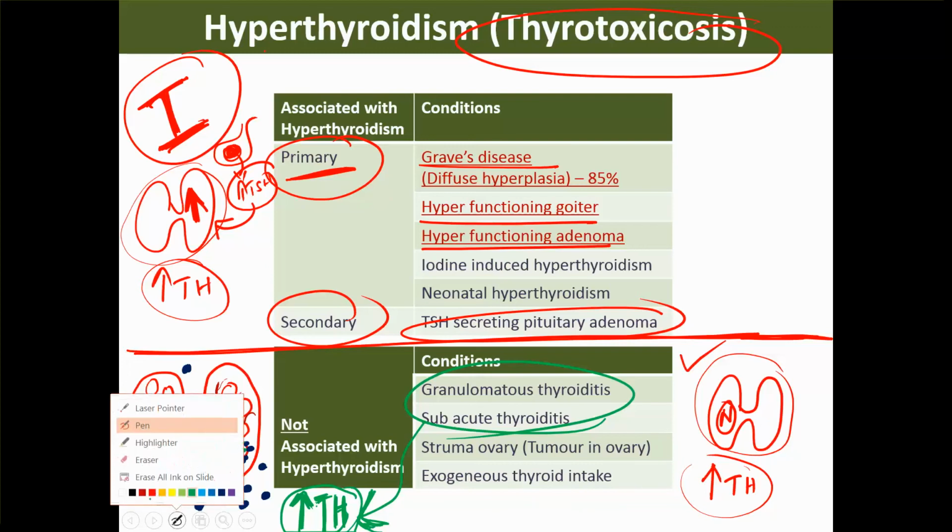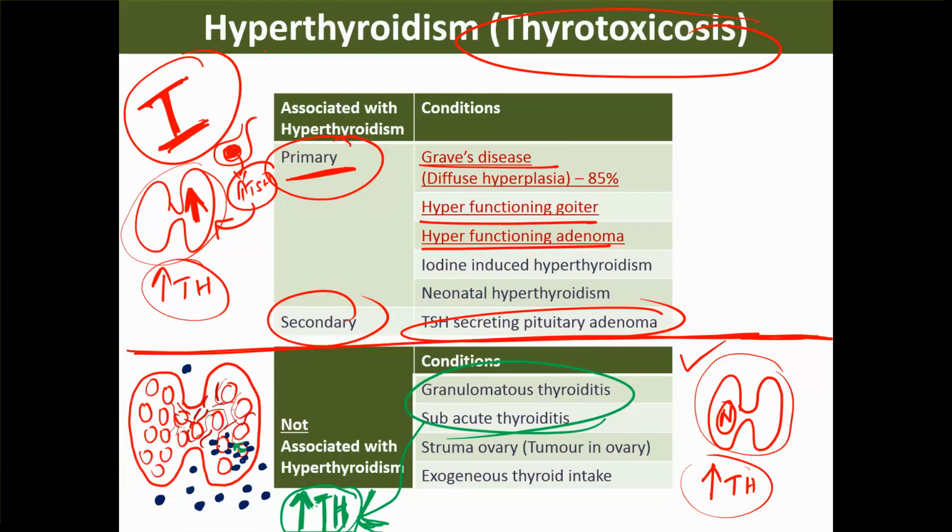In the late stage, what happens? They completely destroy, and full of lymphocytes, and if you see, it is completely destroyed and there are no follicles itself to produce thyroid hormone.